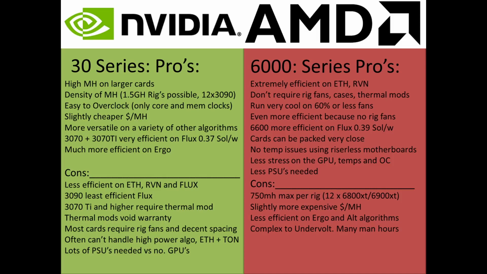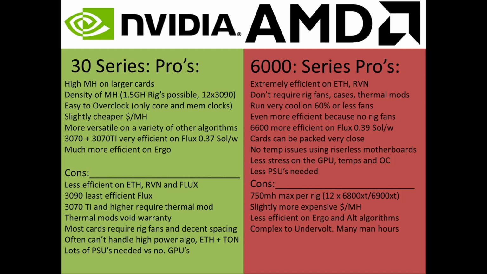Whereas if you look at that same algorithm on the 6600, say, or any of the 6000 series, the core isn't really going to get hot at all. Honestly, it seems counterintuitive that it's a core-based algorithm and yet the core doesn't get hot.